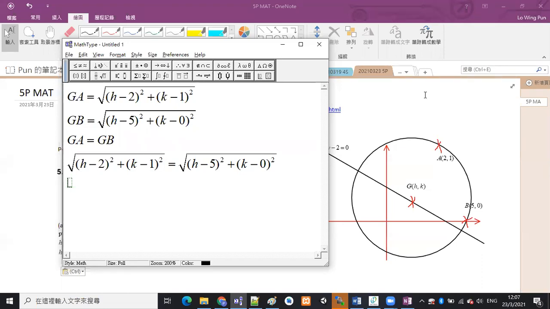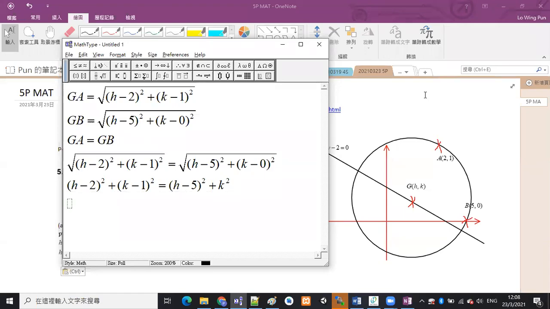Because both sides have a square root, we can cancel out the square root by taking the square on both sides. So just deleting the square root, (h minus 2) squared plus (k minus 1) squared is equal to (h minus 5) squared plus (k minus 0), which is just k, so this is k squared.